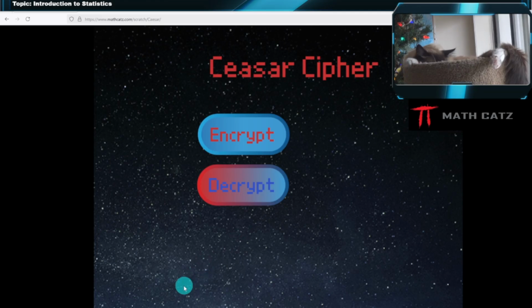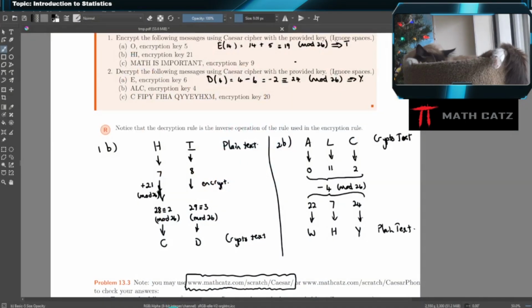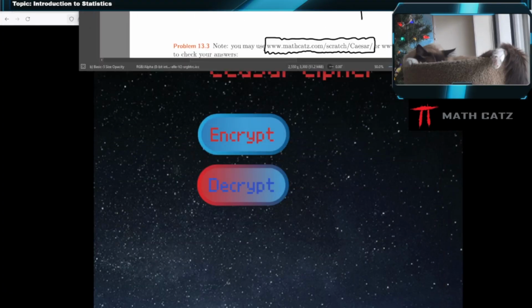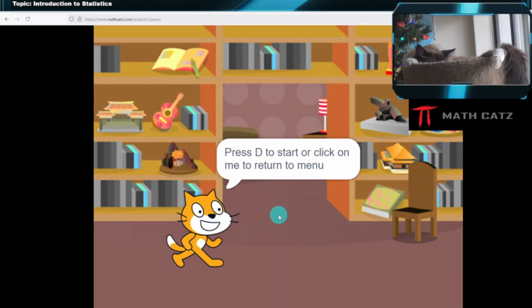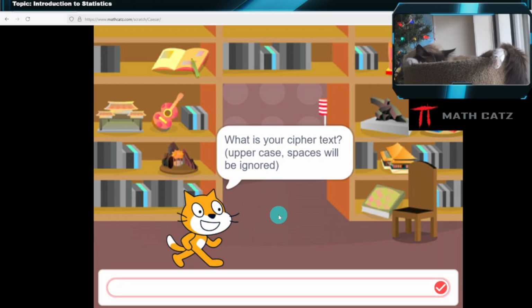We can also, just for the sake of being complete, do a decryption. Now I have to type this in, don't I? That's going to be mildly annoying, but let's do it. I could probably copy and paste it, but that's okay. There's a little cat. I'm going to put in my encrypted text.